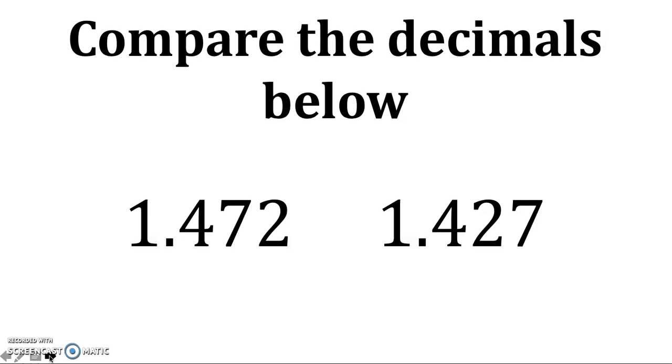We're going to be pronouncing our decimals as "and" from now on, and we are also going to be pronouncing the second half of the number as a complete unit, so 472 thousandths or 427 thousandths. Super important in 5th grade that we start speaking like mathematicians, and that helps us understand which place value is which.